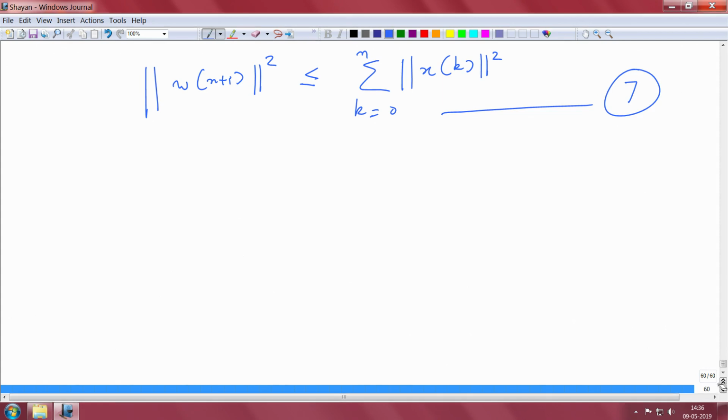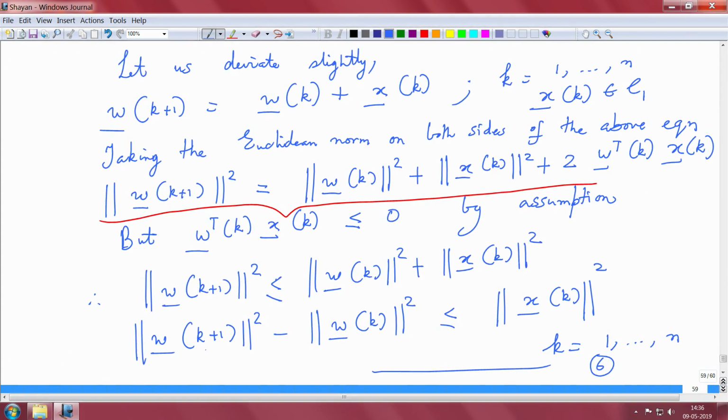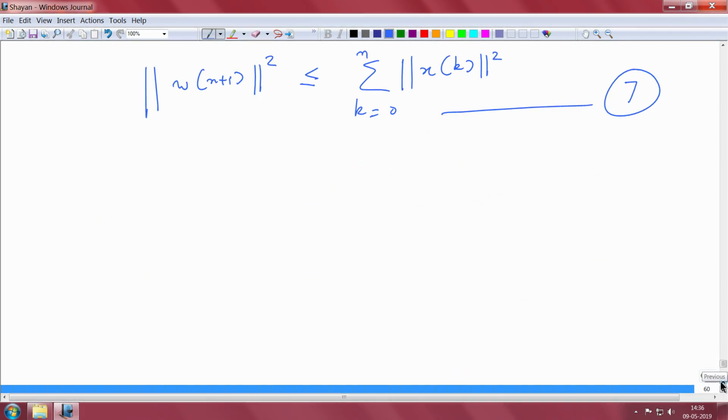Okay, this is straightforward, right. You take 2 minus 1, 3 minus 2, 4 minus 3 dot dot dot as the index k is unfurling. So, you will just land up with W n plus 1 and then W 0, and W 0 is the 0 vector. So, therefore, you land up with W n plus 1 norm square, and norm of W 0 square is 0 anyway. So, you have this summation of norm of x k square from k equals 0 to n. Okay. So, now we have to bound this somehow.